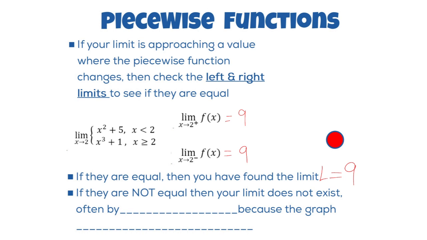Do you remember from yesterday, what would be the reasoning on that, do you think? Okay, it is typically because it is approaching different values. And that's because these piecewise functions are the ones that usually have some sort of a jump.